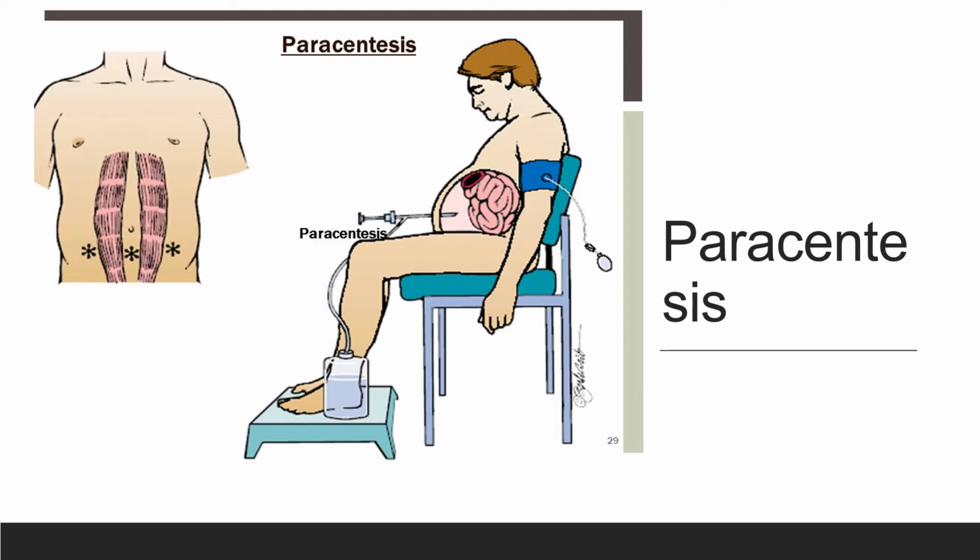Paracentesis is used in combination with a sodium poor diet, as well as sodium poor albumin or other colloid to correct the intravascular hypervolemia. Okay, so let me say that again.